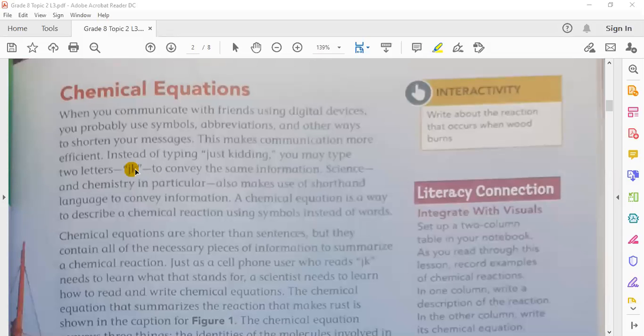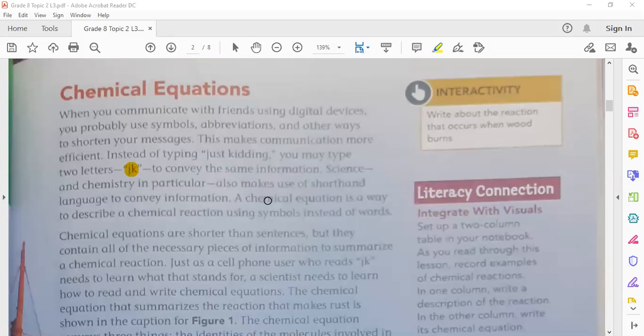Just kidding is an abbreviation for what? Just kidding, JK, to convey the same information. Science, and chemistry in particular, also use shorthand language. Don't highlight anything, this is just an introduction. Also in chemistry, we use these abbreviations.